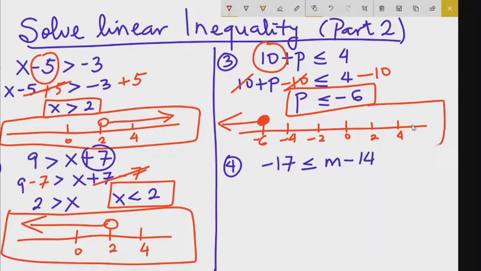For question number 4, we have negative 17 less than or equals to m minus 14. Just like you did in number 3, we want to get rid of this negative 14. To get rid of minus 14, we have to add 14 to both sides.